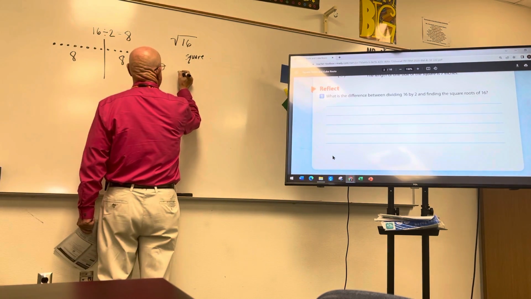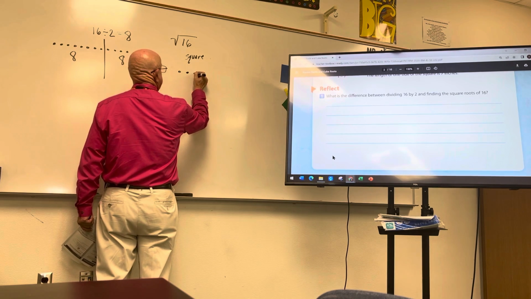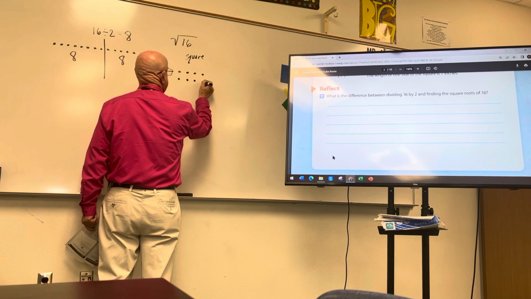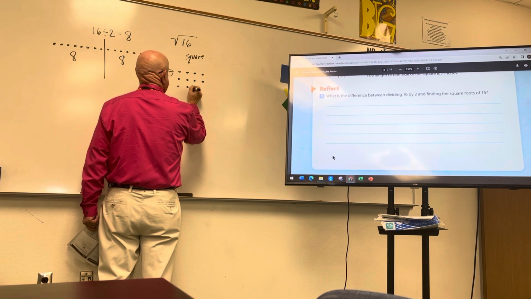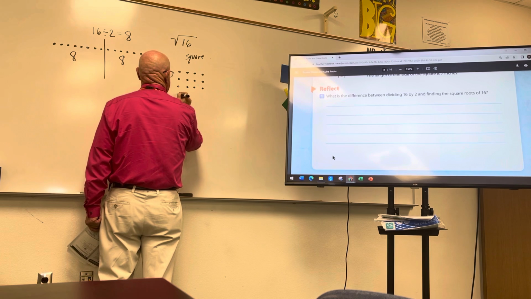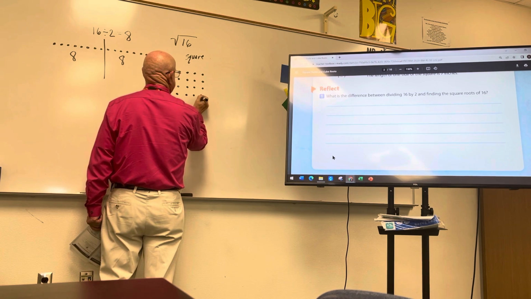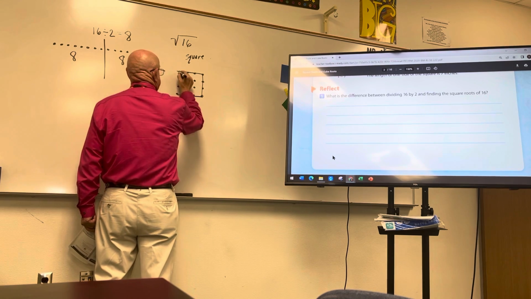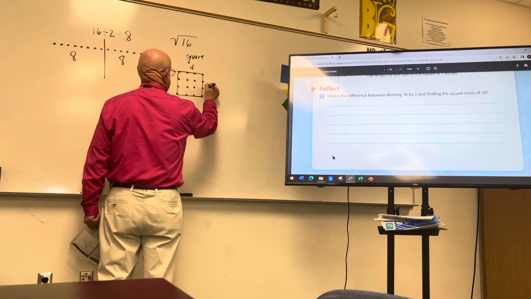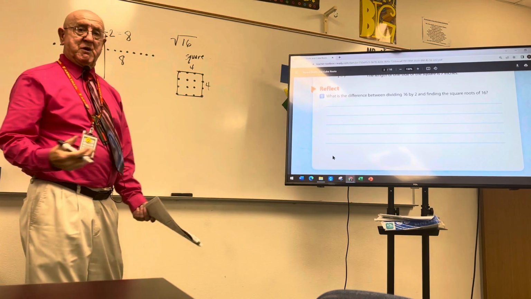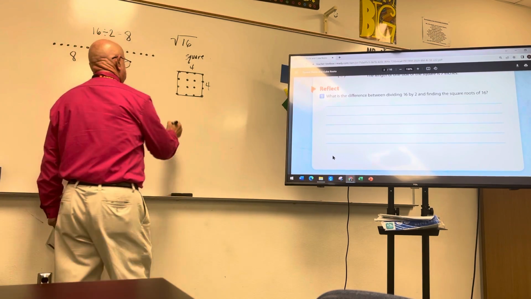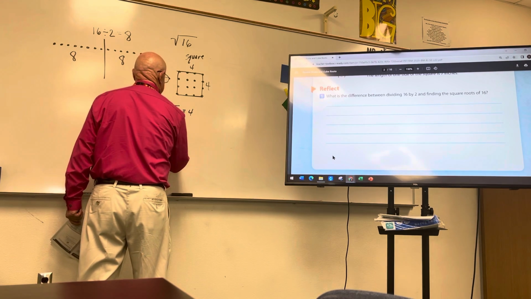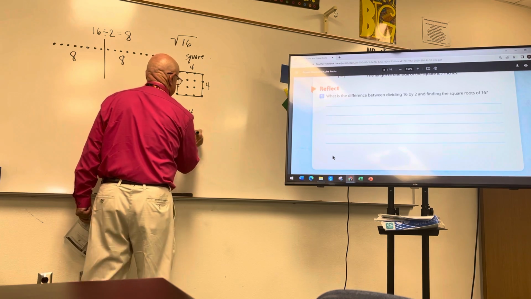Well, it's 1, 2, 3, 4, 5, 6, 7, 8, 9, 10, 11, 12, 13, 14, 15, and 16. Look at the shape. It's a 4 by 4 square. So the square root of 16 is equal to 4, because 4 times 4 is equal to 16.